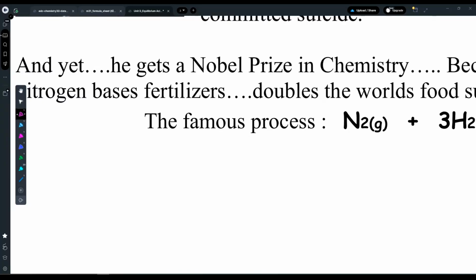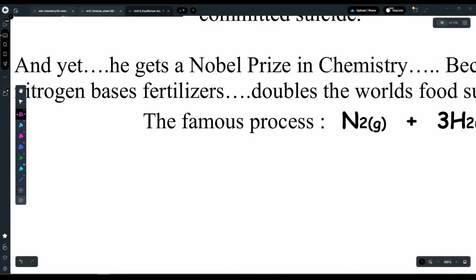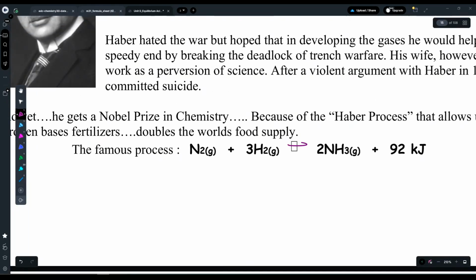The main part from this last part of this page is that you should know the Haber process, which is also known as the Haber-Bosch process, which is a way to produce ammonia from atmospheric nitrogen and hydrogen gas.